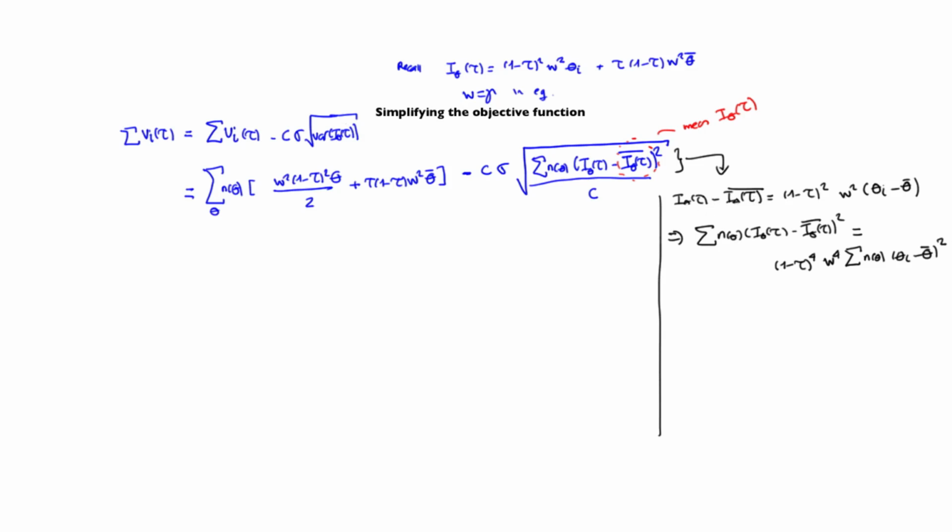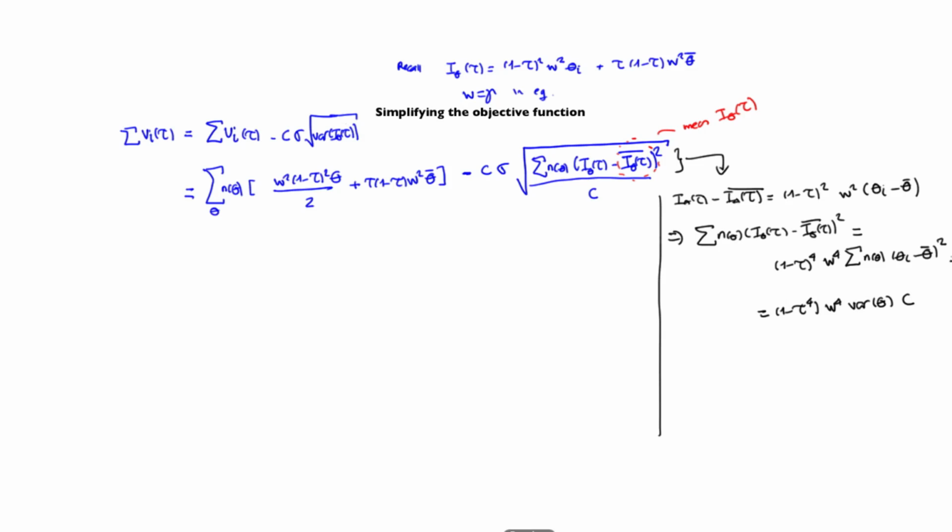And if we multiply by c and divide by c, then this is equal to (1 minus tau) to the fourth, w fourth, the variance of theta times c.